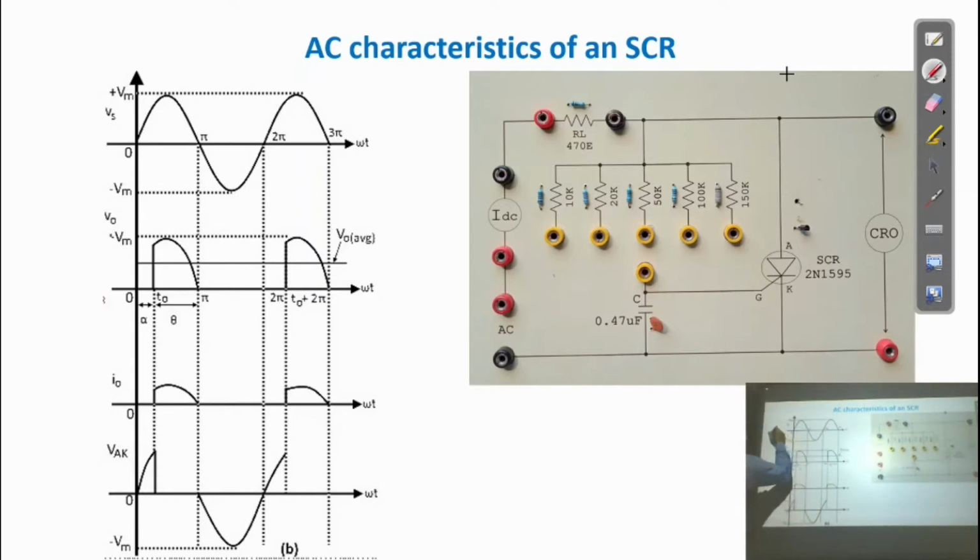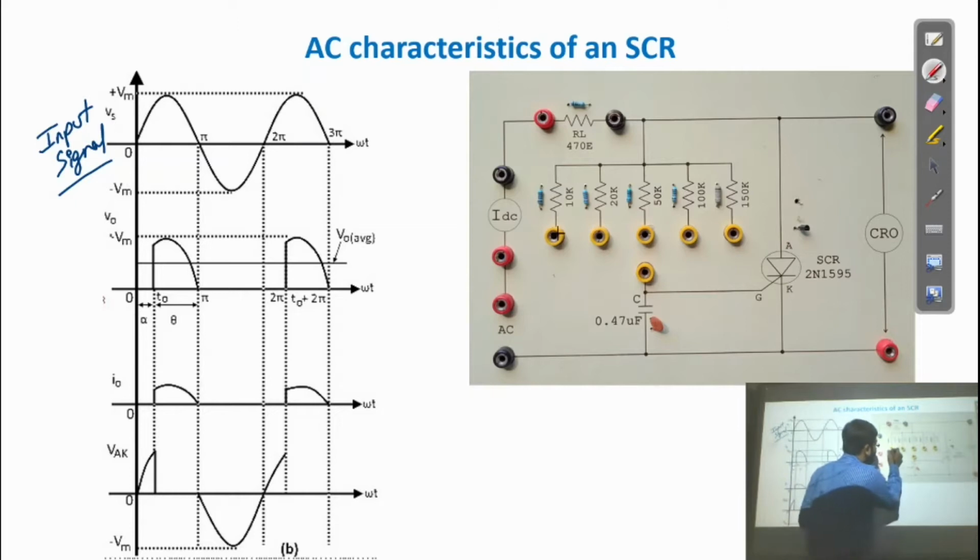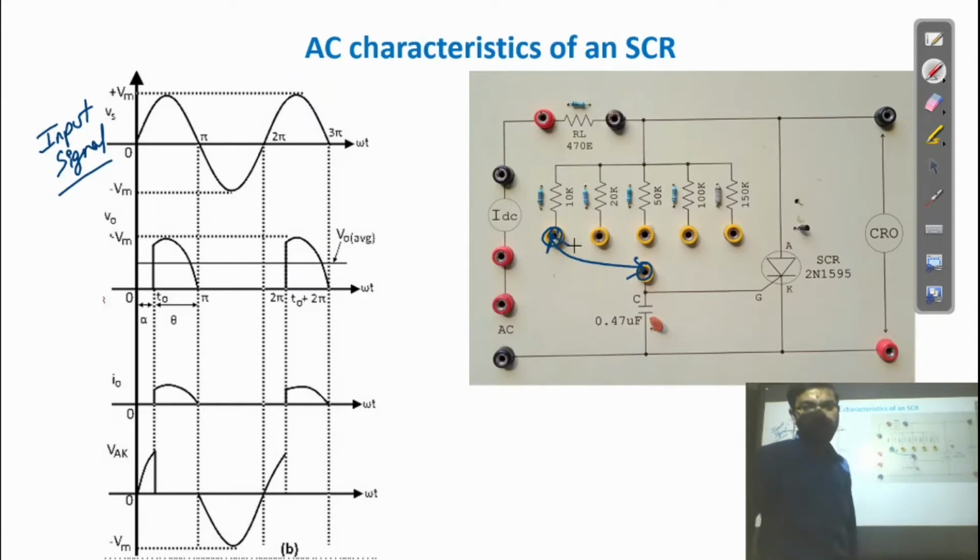Right? This will be my input signal. Now, when you connect one of the resistors to this terminal, some amount of current will flow.